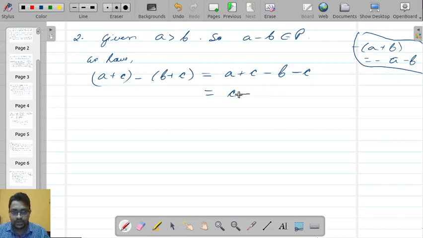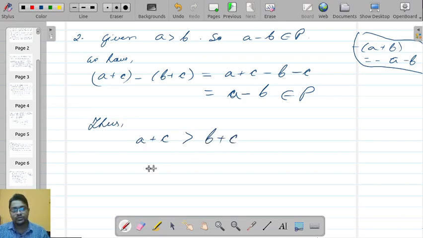So this becomes A minus B, which belongs to P. Thus A plus C is greater than B plus C. So this is basically the proof. A is greater than B, so A minus B belongs to P, and (A plus C) minus (B plus C) is also a member of P. So we have shown this property.